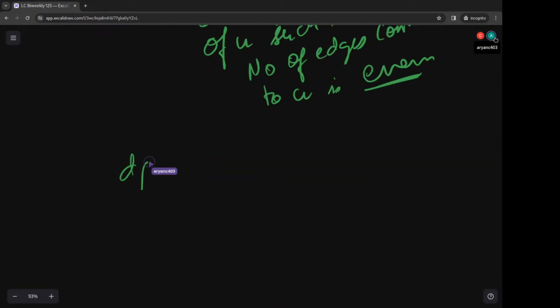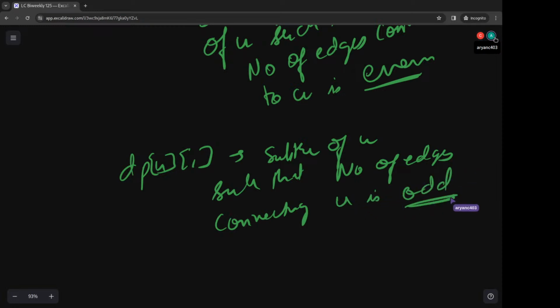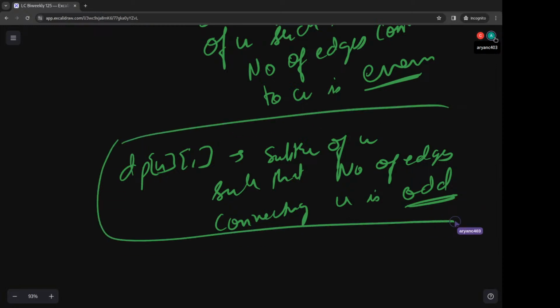Similarly, we define DP U 1 as we have performed some operations in the subtree of U such that the number of edges connecting U is odd. And this is one way to solve this problem.